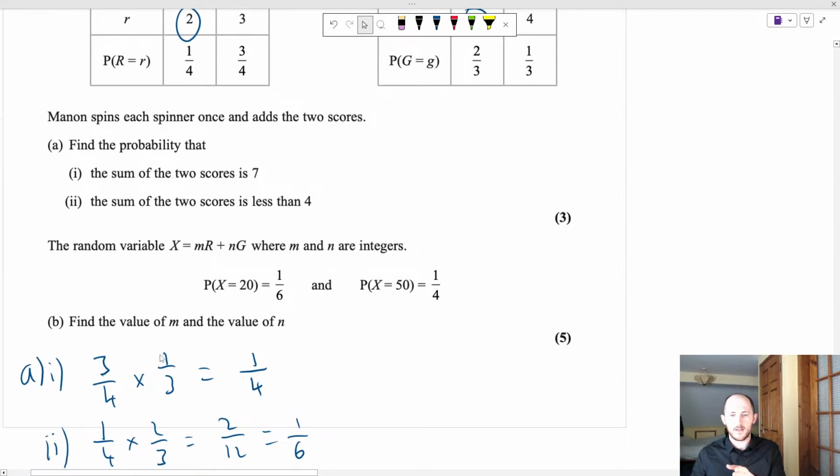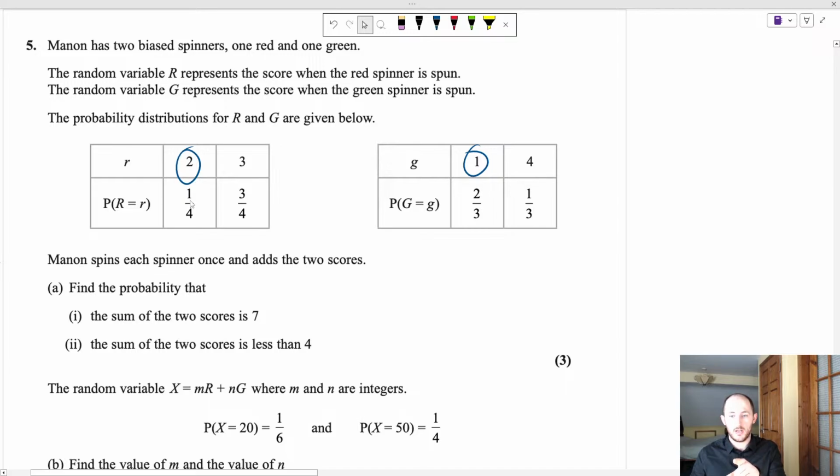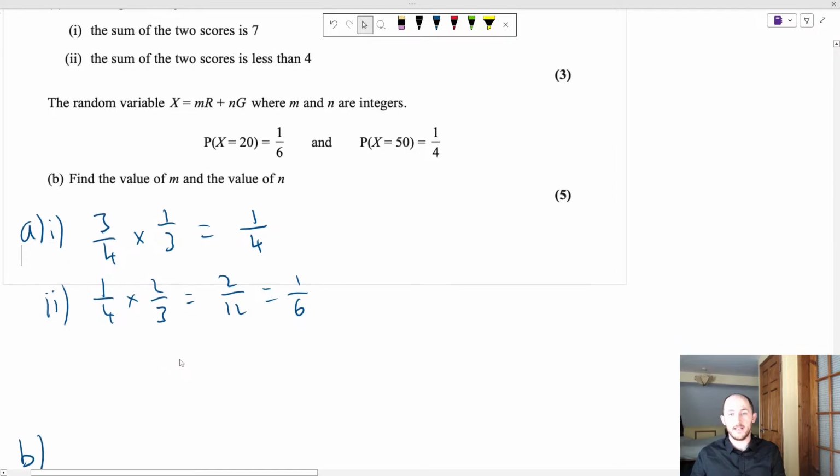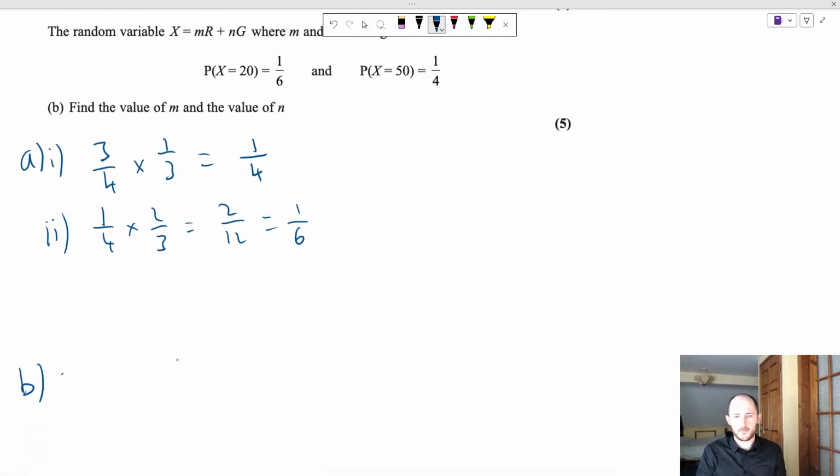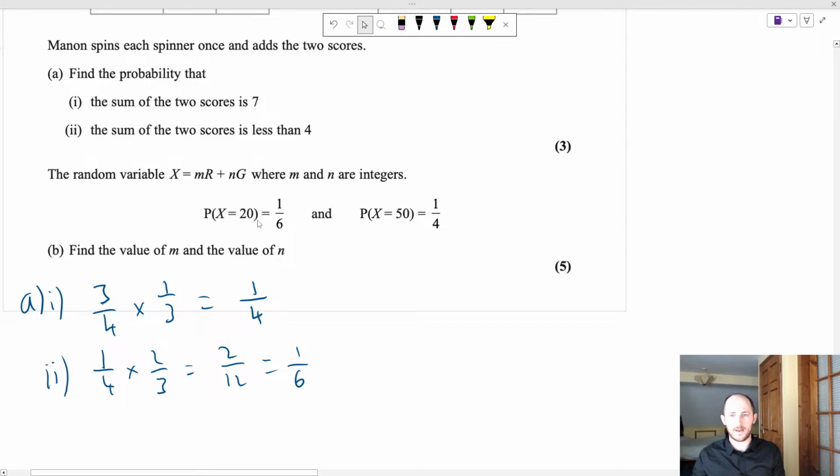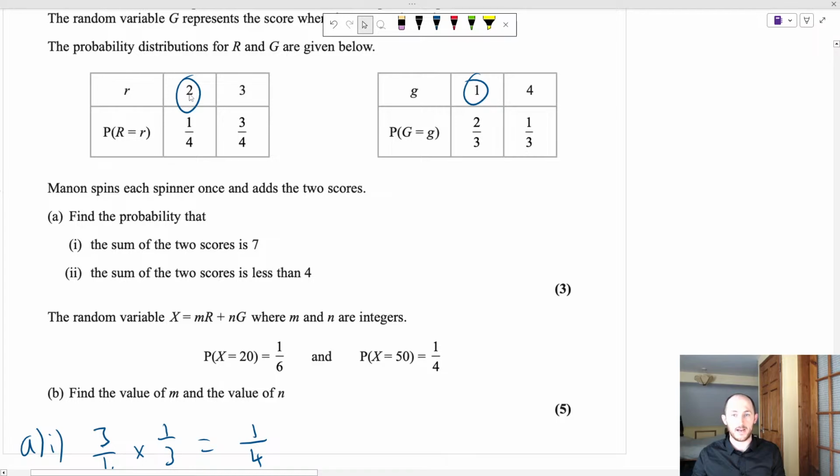So for this to be 1/6, R must be 2 and G must be 1. So 2 times M, plus 1 times N should give me 20, because remember, that's what x equals. 20 equals M times R. Well, what's big R? Big R was 2. Plus N times G. What was G? 1. Hopefully everyone's okay with that. If you're not, let me know, I'll go through it again.